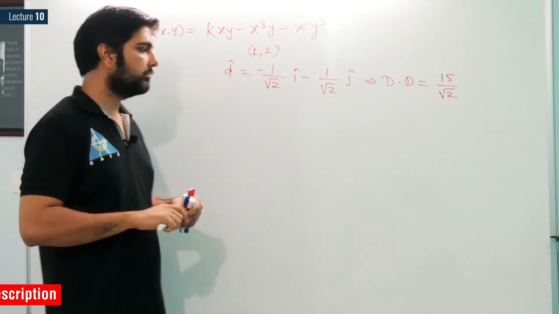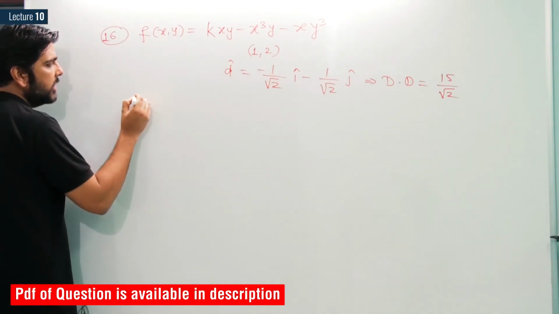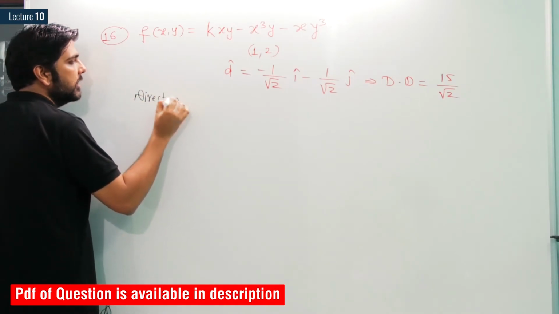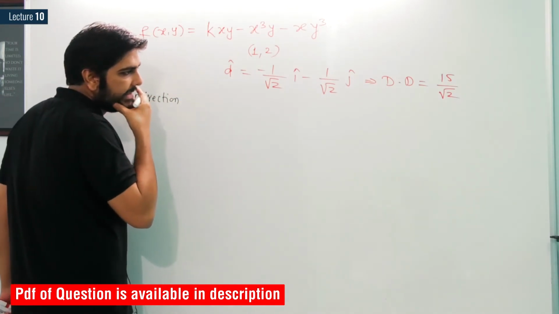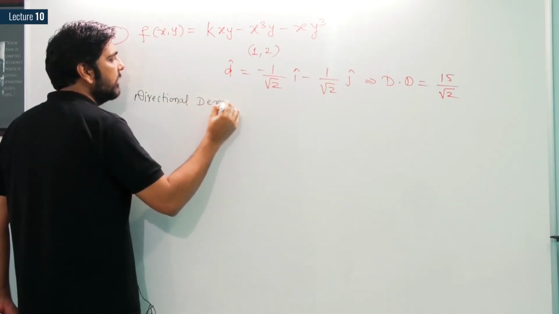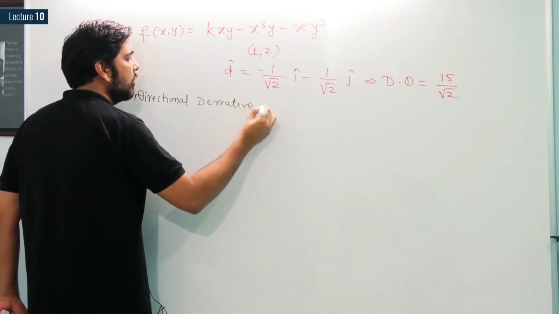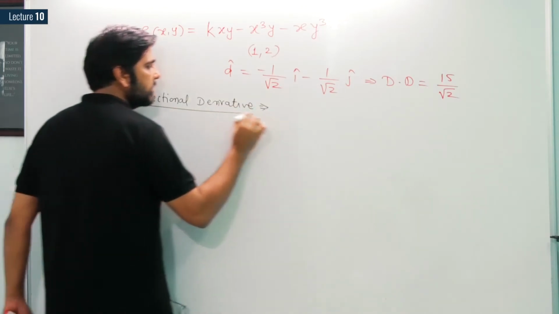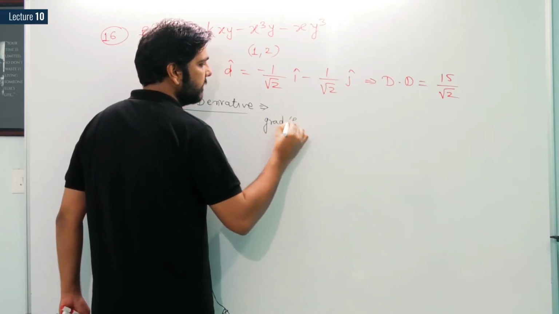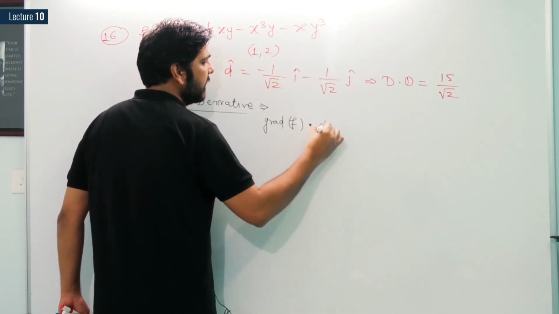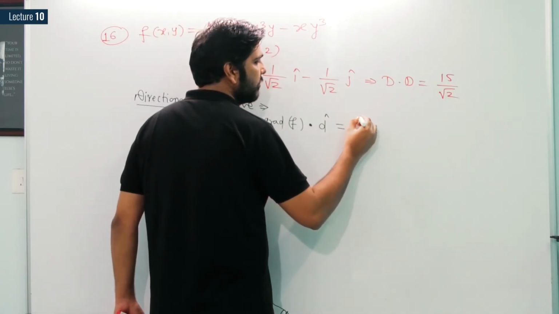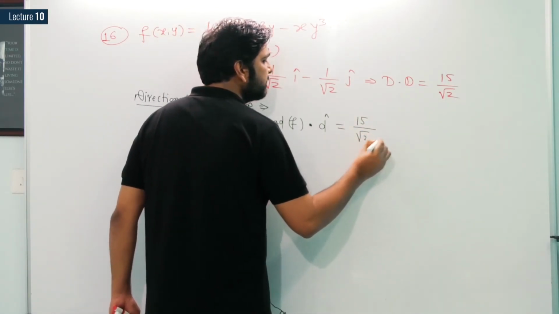Fine. Now, okay, so what is the directional derivative, dear students? It is again our GATE examination question. So what do we mean by directional derivative? It is nothing but the gradient of f dot product with the given direction, is equal to 15 upon under root 2.